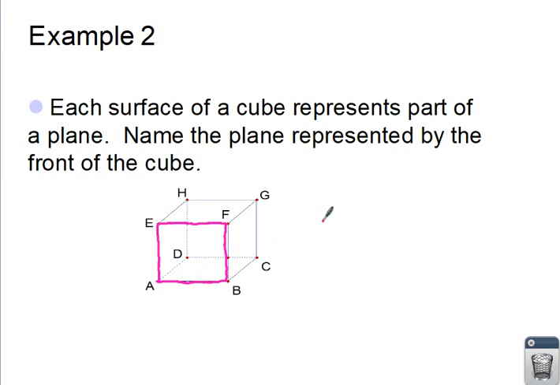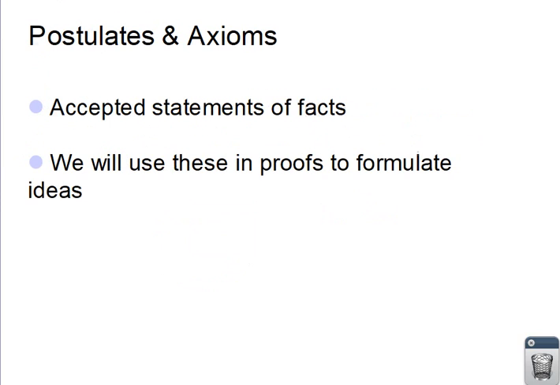So if I start with A, then I could go to B, and then to F, and then to E. So this is plane ABFE. You could start at B and go the other direction. You could go B, A, E, F. You could start at F and go F, E, A, B. It doesn't matter where you start. You just have to follow the letters around the shape in order. Okay, so planes can have several different names.